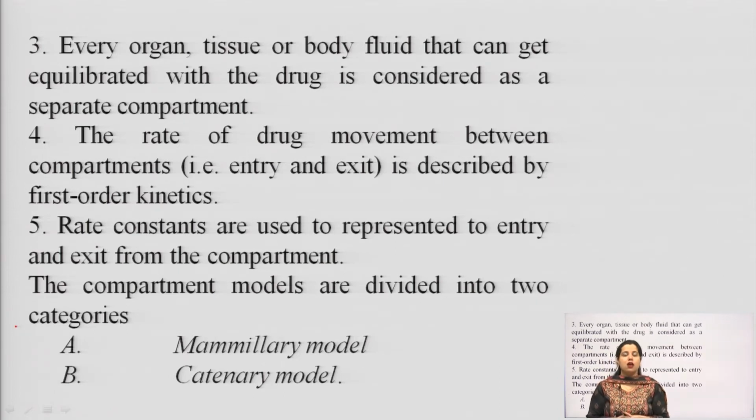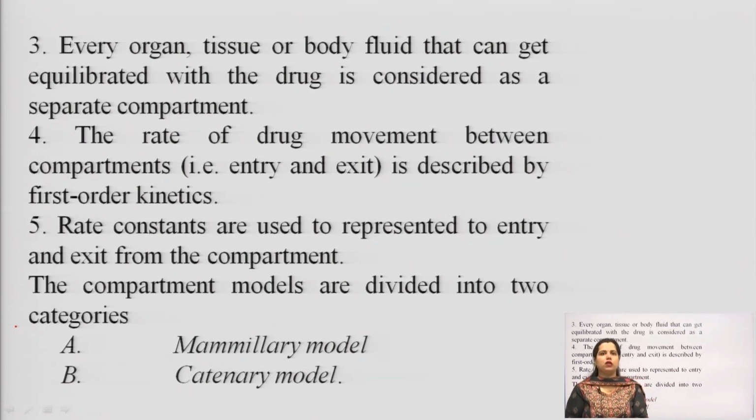First order kinetics, how the drug is entering the system and how it is getting eliminated or moving towards the different compartments. The study can be analyzed by identifying first order kinetics. So, rate constants are used to represent entry and exit from the compartment. So, basically for identifying this entry and exit of a drug from one compartment to another, we use rate constants, at which rate the drug is entering or exiting the system or compartment.